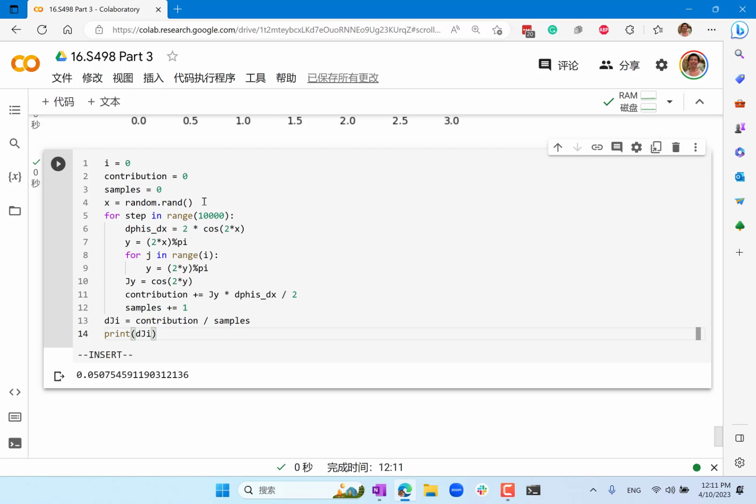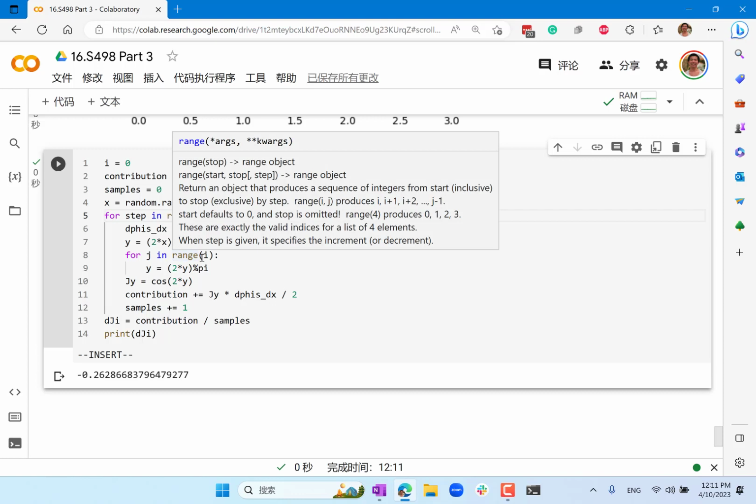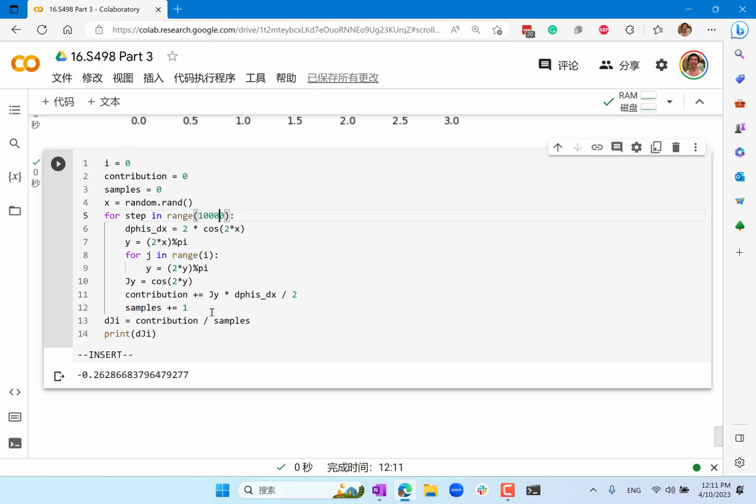Okay, so let's actually look at the I equal to 0 contribution and see what happens when we make the steps larger and larger. With a smaller number of steps, we get 0.27. With 10 times as many, we get a smaller number. Actually, one second, why doesn't it go back to 0?